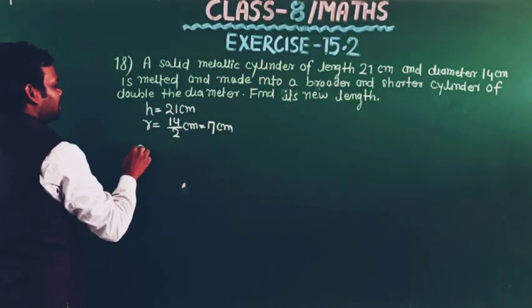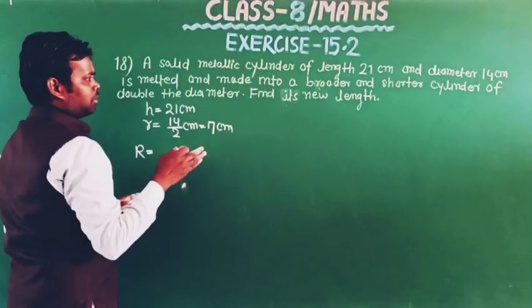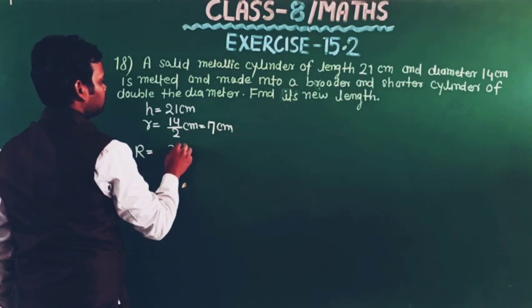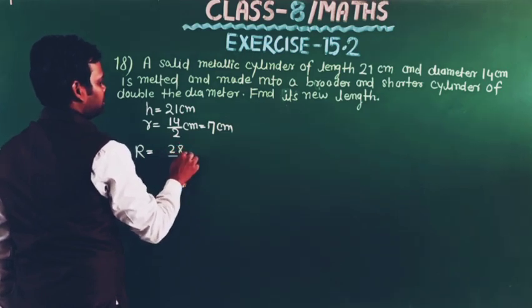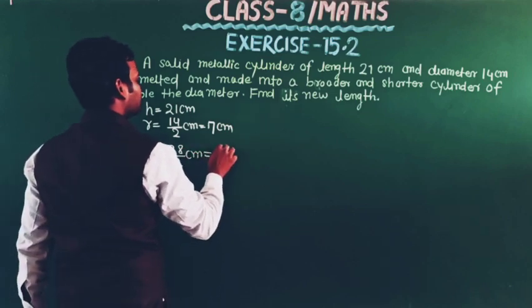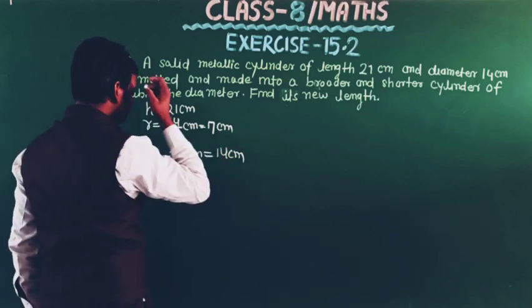So let capital R be the radius of the broader and shorter cylinder. This would be equal to 28 divided by 2, which is 14 centimeter.